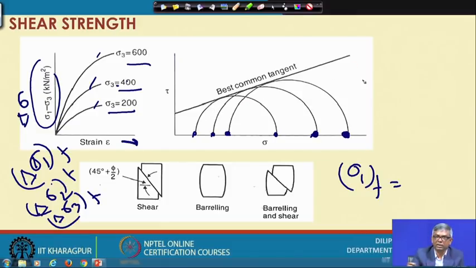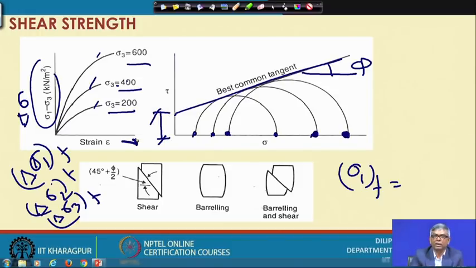If I get 2-3 circles, because of errors, with a single circle we do not know where to draw the tangent. So if you do 2-3 tests and finally draw a common tangent, sometimes it may not be tangent to all, but by estimation the best tangent will be drawn, tangent to the maximum number of circles. Finally we get this failure envelope. From this failure envelope we get this angle as phi and this intercept as C.